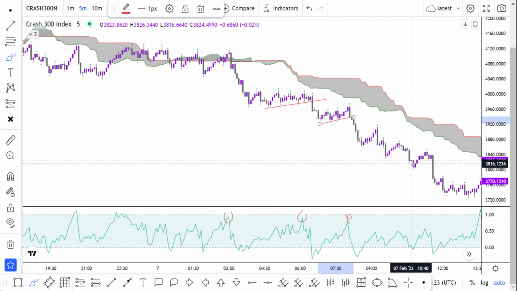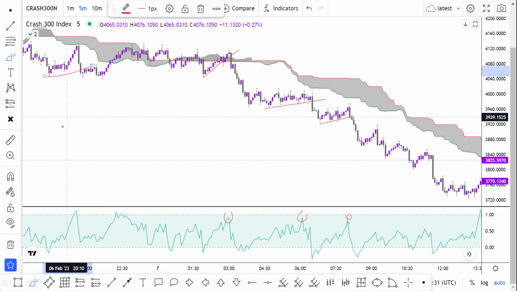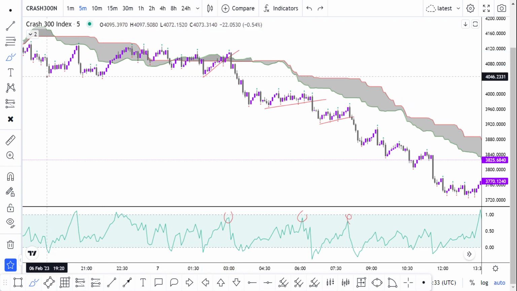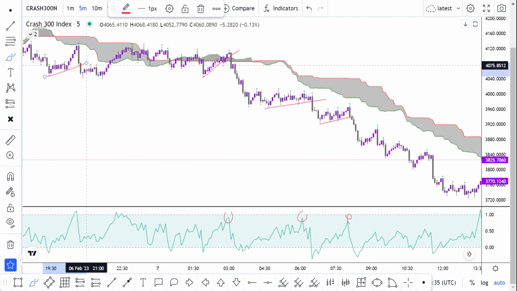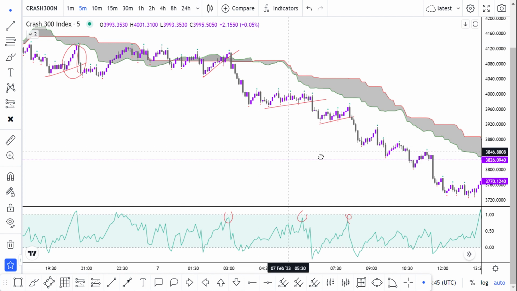This also because they were beneath the cloud, indicating a downtrend. We had one here, all right. We had one here, but it didn't last. And if you notice, this spike was too long, covering almost all the candles. So I wouldn't advise you take such kind of trades.